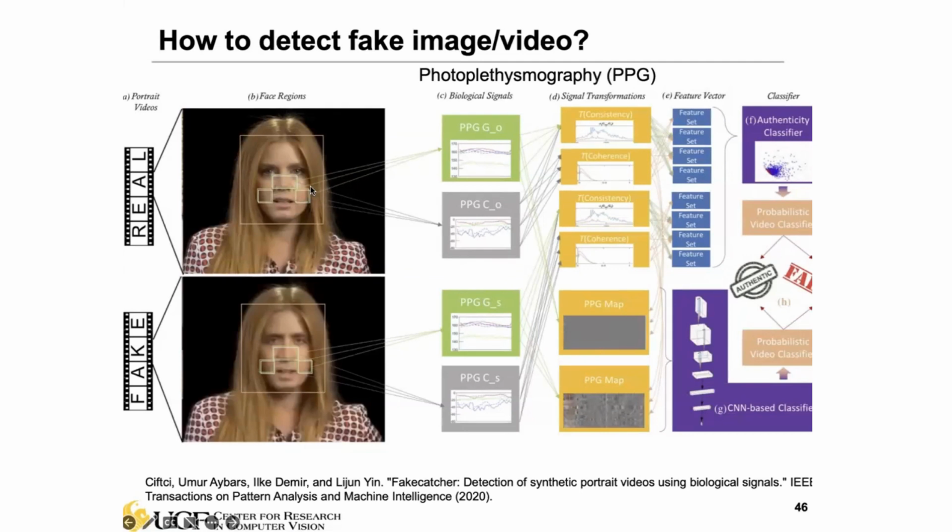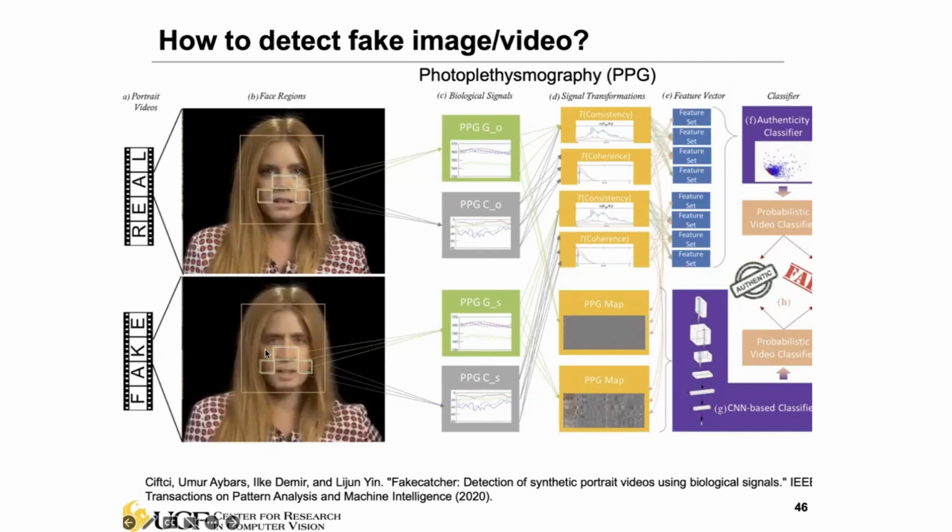and try to identify or predict the heart rate. Okay, so if this is a real video, we use some of the RPPG approach to estimate the heart rate, and we can get something similar to the measurement that comes from the ECG. And if this is a fake video, on the bottom, because they may do this on a frame basis, there's going to be some temporal inconsistency, so there's going to be some artifacts.